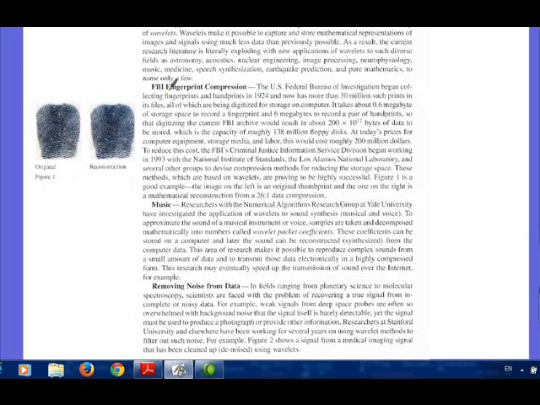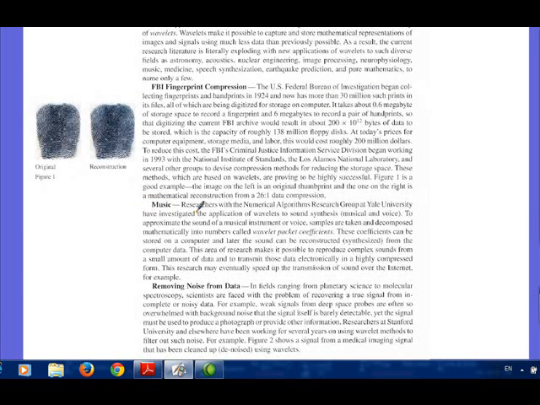For example, FBI fingerprint comparison. The US Federal Bureau of Investigation began controlling the fingerprints and handprints by using calculus.